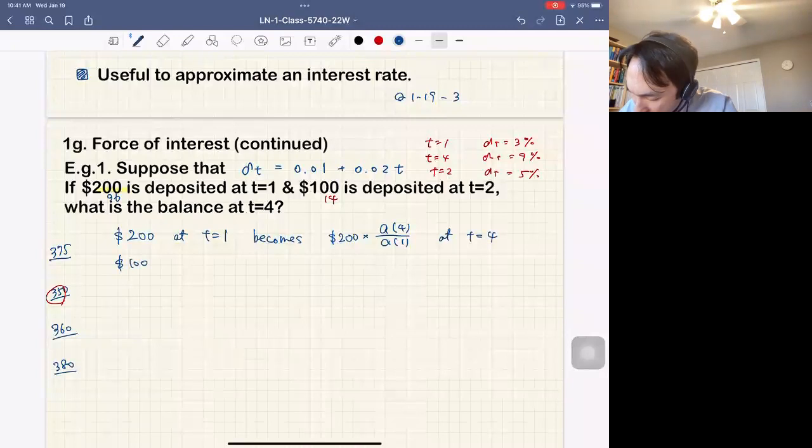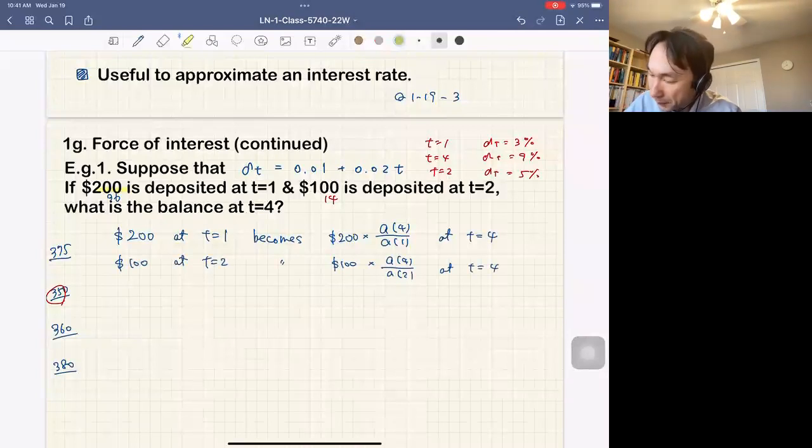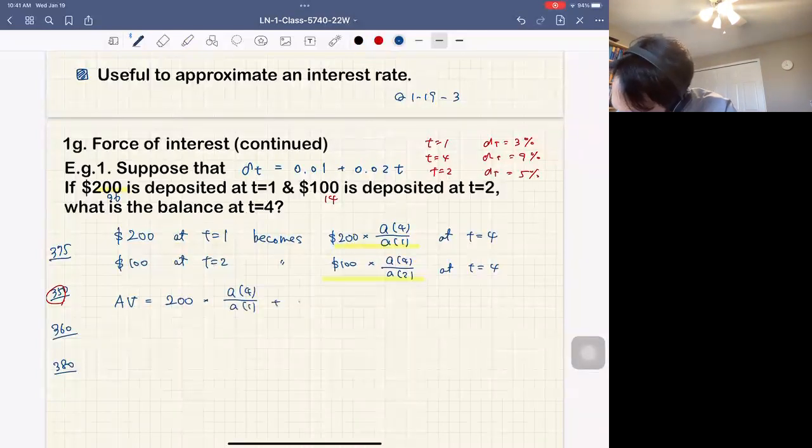And $100 at t equal to 2 becomes $100 times A(4) over A(2) at t equal to 4. You can just add up these two quantities, but you have to integrate. So the accumulated value at t equal to 4 is 200 times A(4) over A(1) plus 100 times A(4) over A(2).